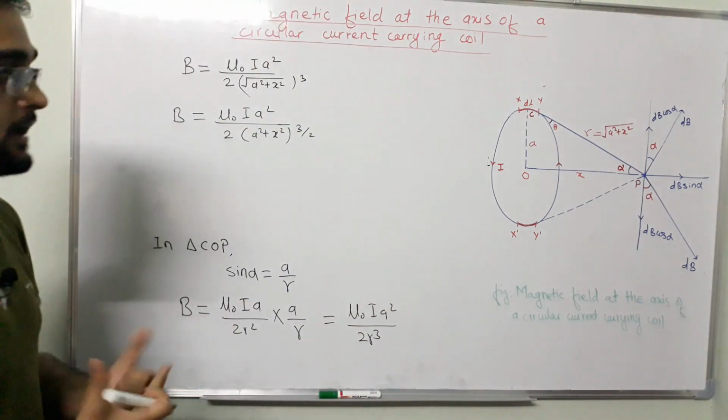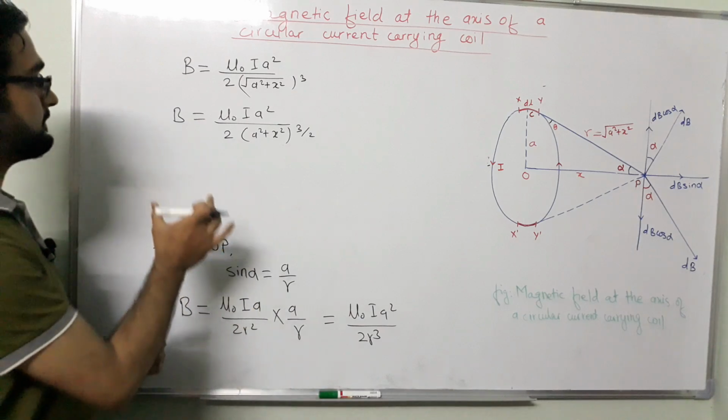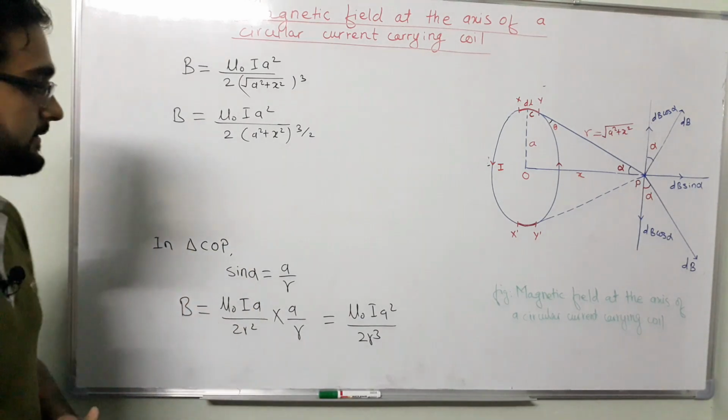If there are n number of circular coils, then we have to multiply this magnetic field by the number of coils.